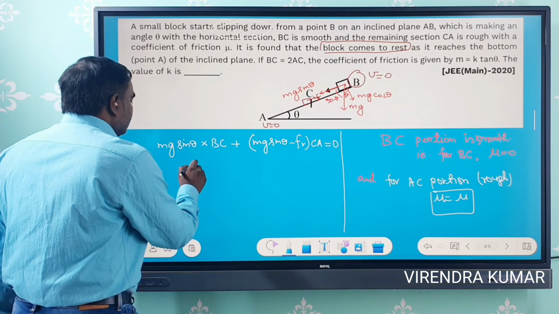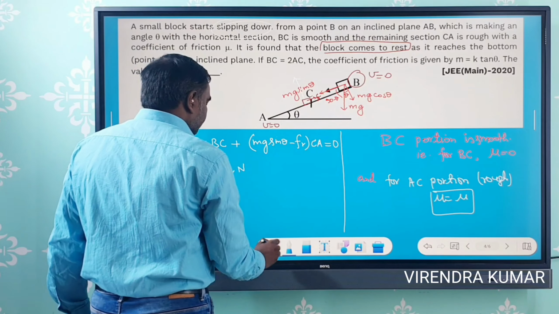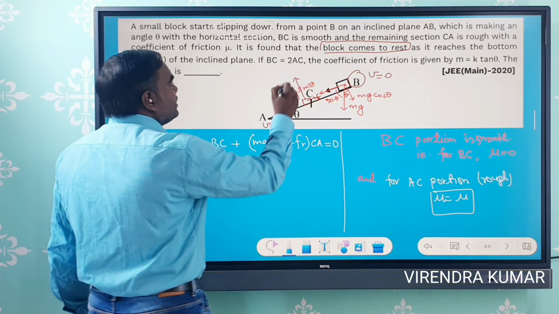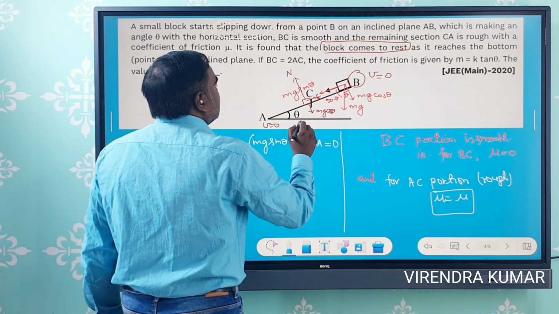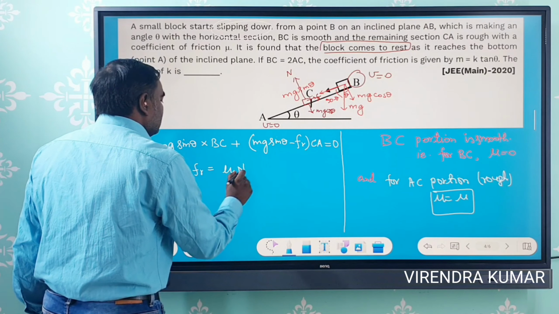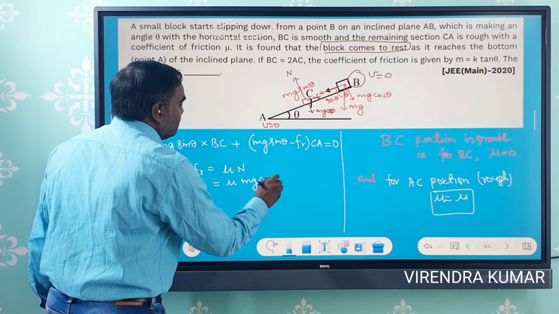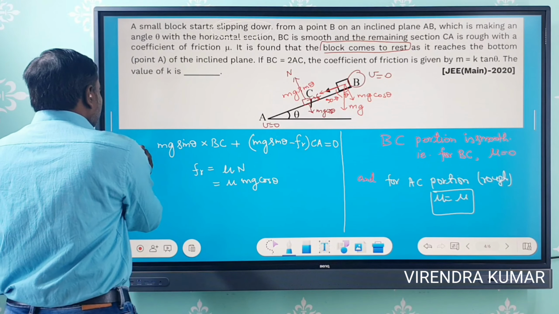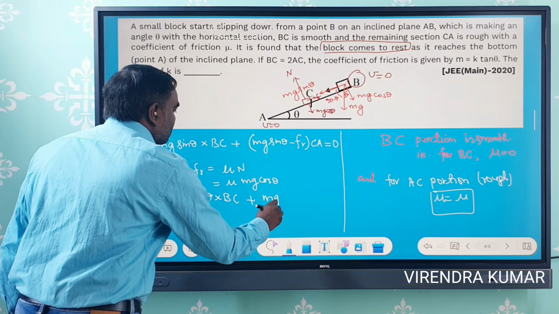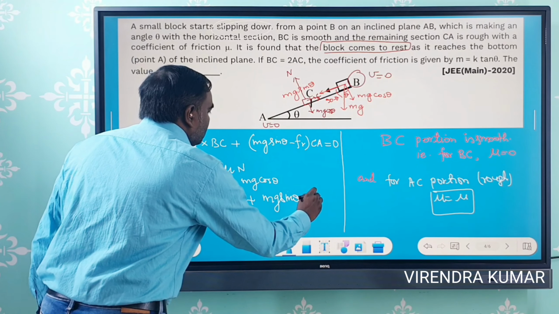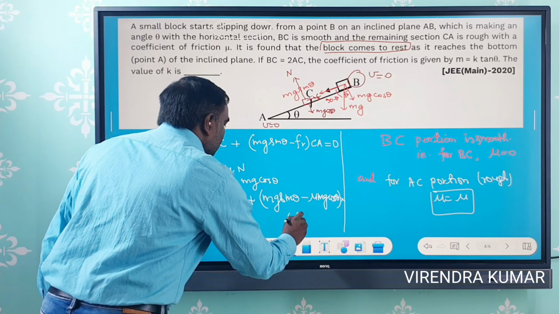Now the frictional force Fr is equal to mu into N, where N means the normal reaction, and that will be equal to the component mg cos theta, right? So Fr is equal to mu mg cos theta. Using this Fr in the equation, we get mg sin theta into BC plus mg sin theta minus mu mg cos theta into CA is equal to 0.